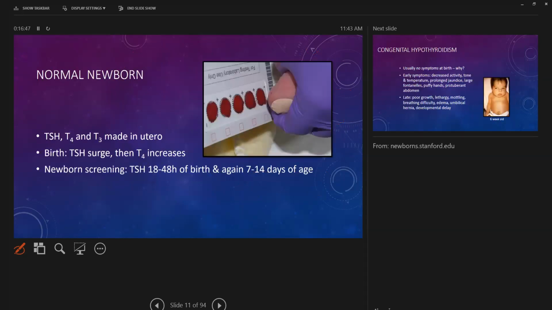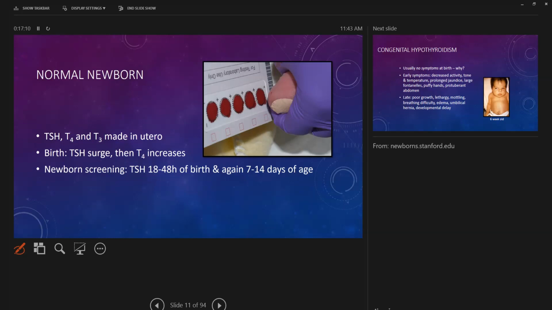This newborn screening exam, we've talked about over different lectures. This is not a lecture on that, but it is important to know that this is one of the tests they use to look for thyroid abnormalities, because early on, if the thyroid is not working properly, we can have some intellectual problems.